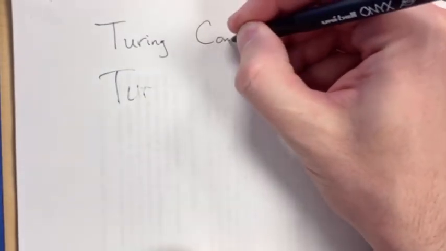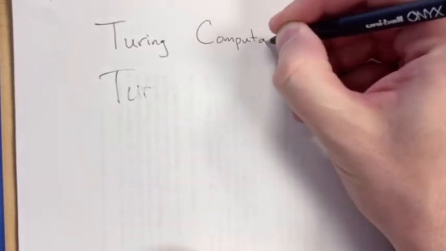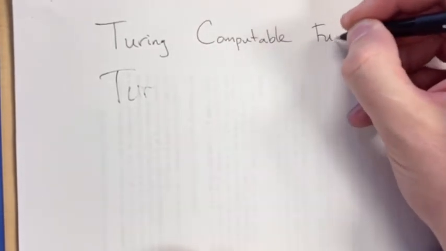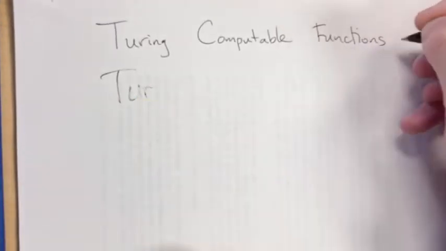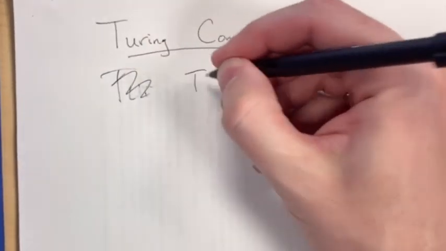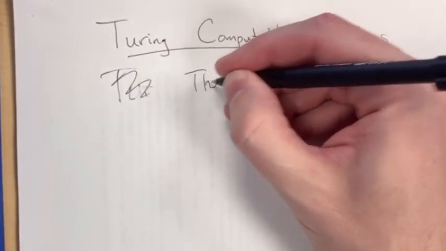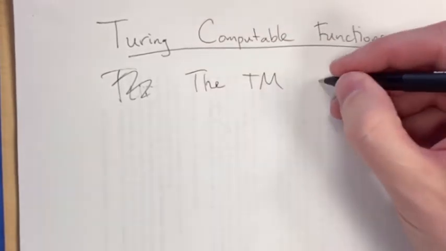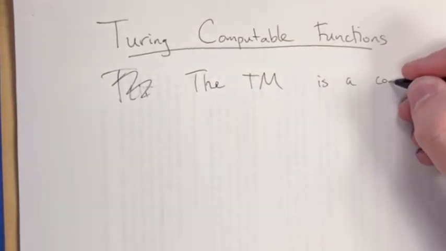What I want to talk about today is Turing computable functions. The idea behind this topic is thinking of the Turing machine not as a thing which either accepts or rejects a string, which it is, and you can think of it that way. But you can also think of the Turing machine as a general purpose computing machine. So I'm going to say the Turing machine is a computing machine.